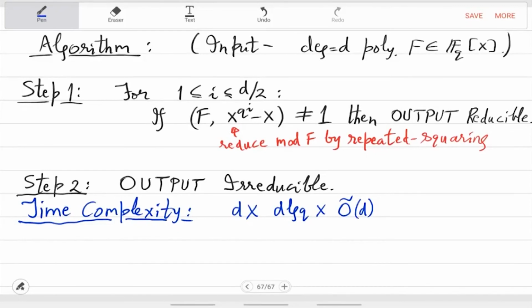And right, so now you have brought down x to the q to the I to a degree d minus 1 polynomial at most, and you will run Euclid GCD. So that will be how much? That will be linear time, soft linear. So that will be O tilde d. So these many FQ operations.